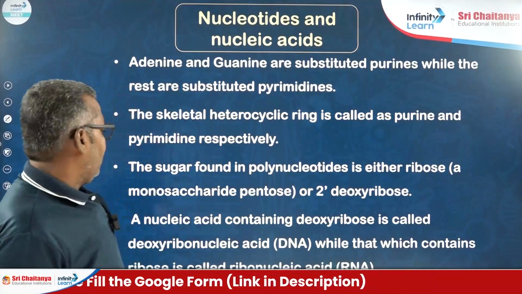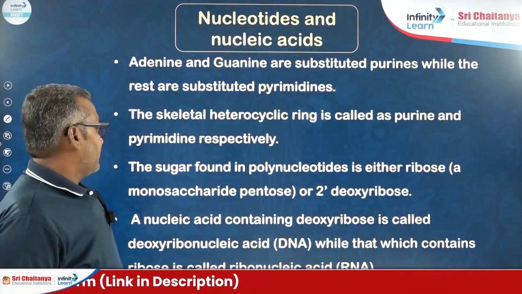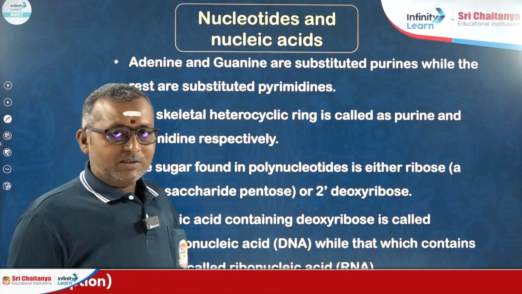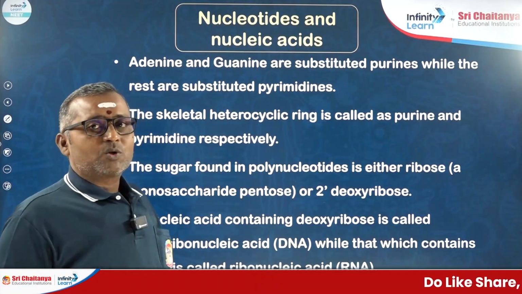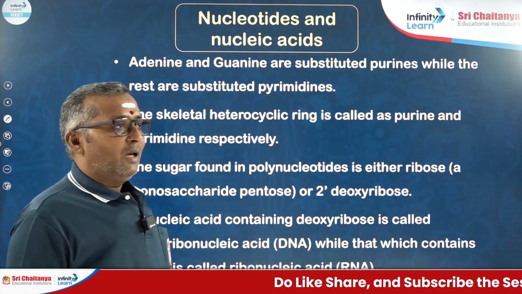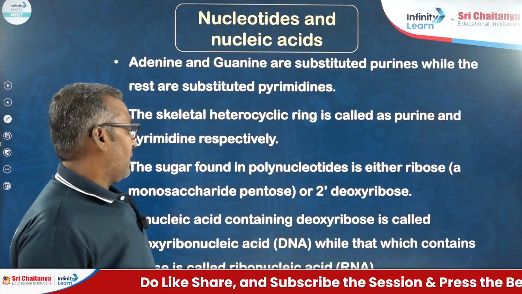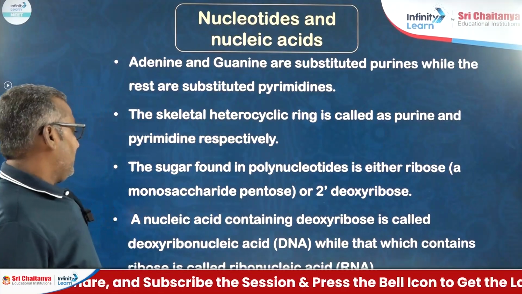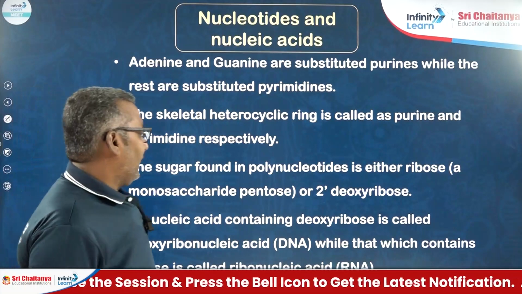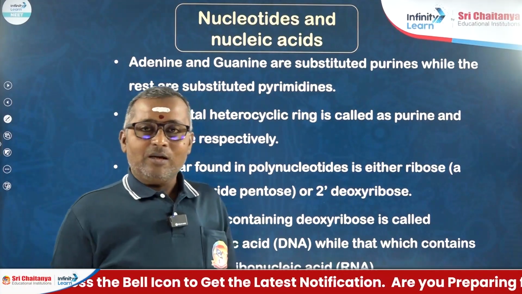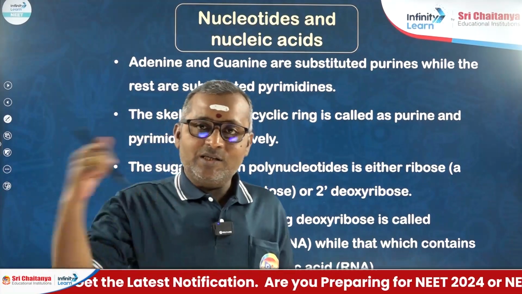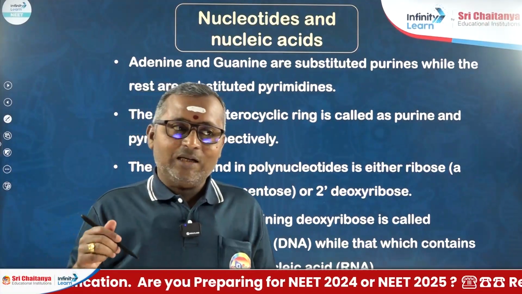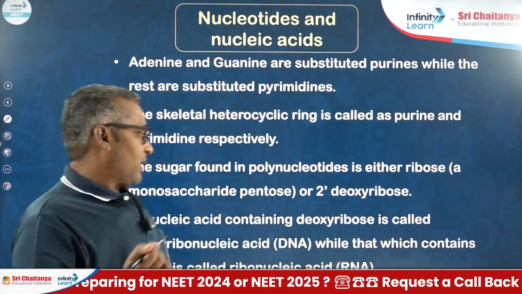Another most important thing, as we discussed: deoxyribose sugar is present in DNA and ribose sugar is present in RNA. The nucleic acid containing deoxyribose sugar is DNA and the nucleic acid containing ribose sugar is RNA.